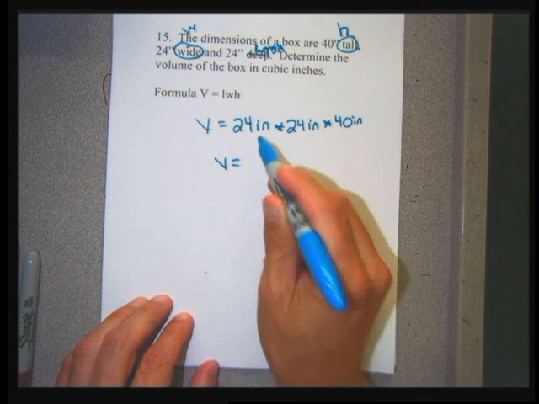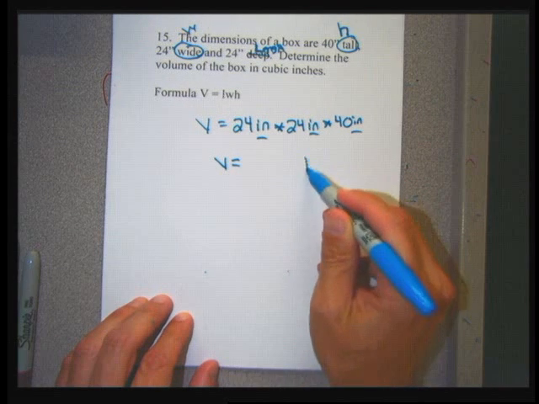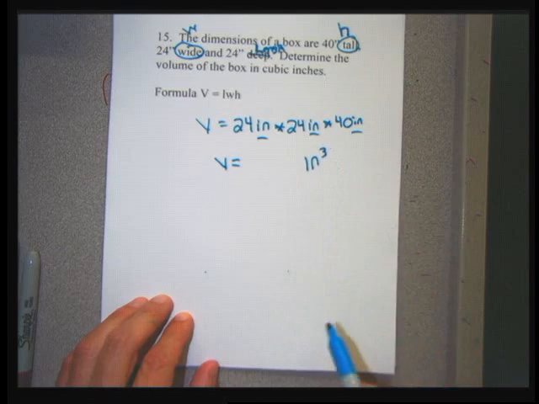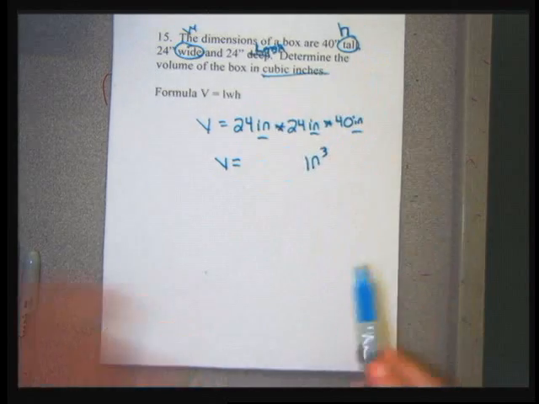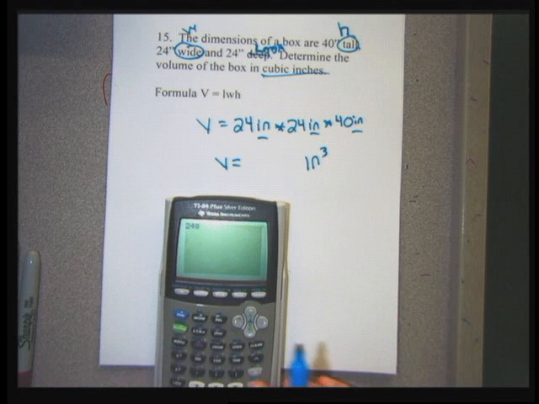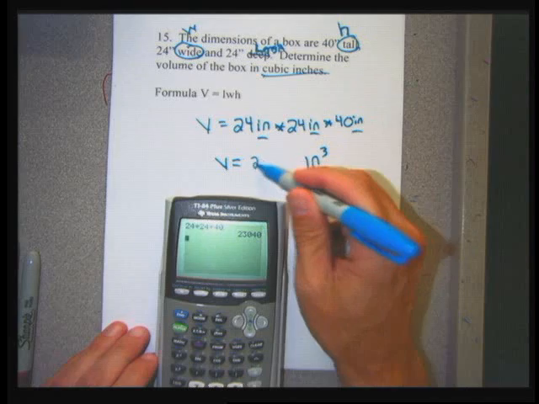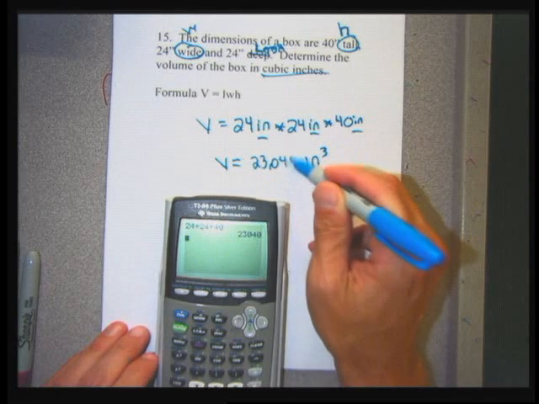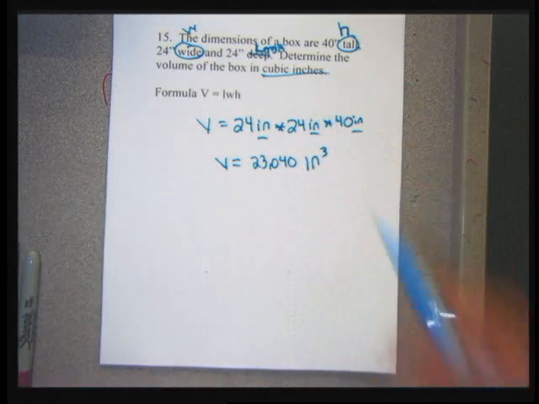My units are inches times inches times inches, which is cubic inches. So I'm going to write inches cubed. I could have written the words cubic inches. And then the number is going to be rather large, so I get my calculator, go 24 times 24 times 40, and I get 23,040 cubic inches is the volume of that box.